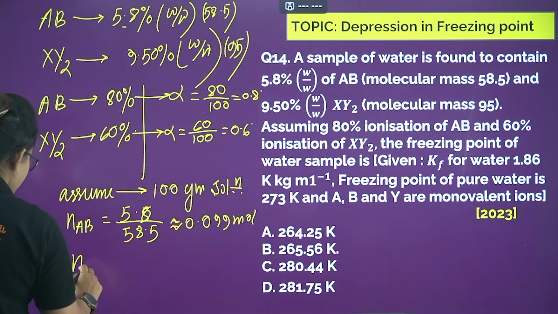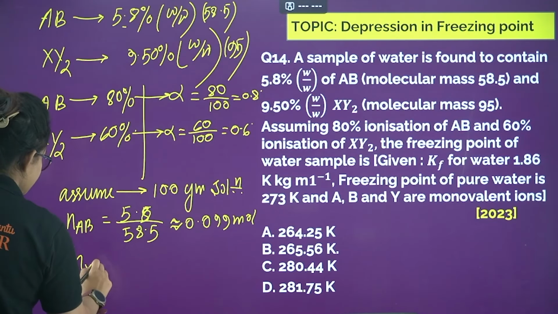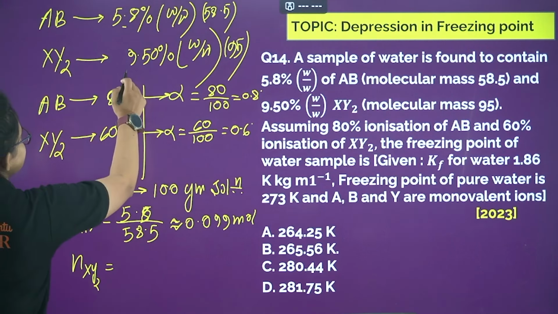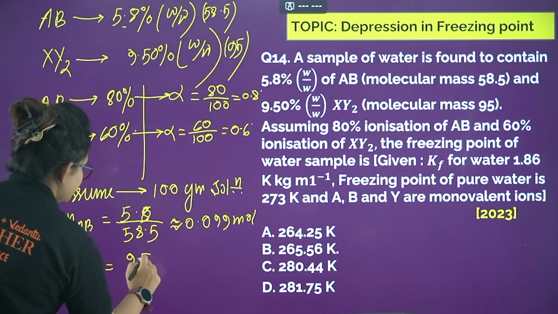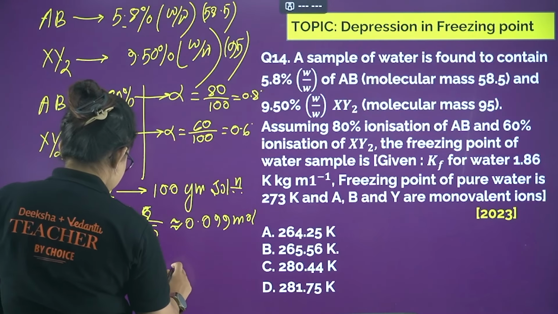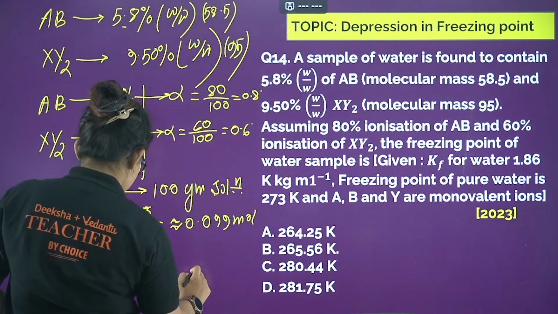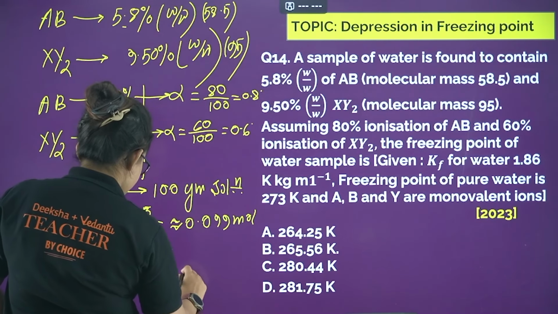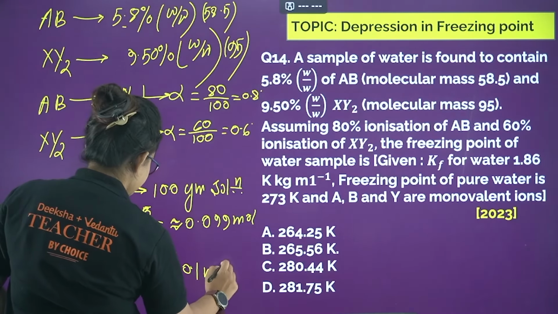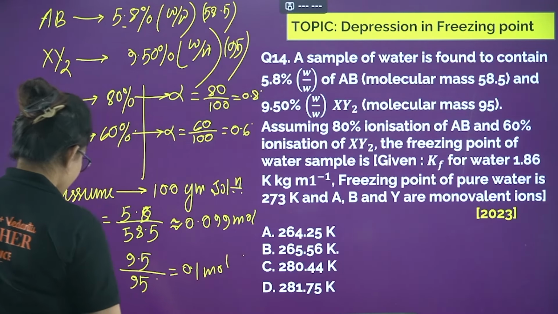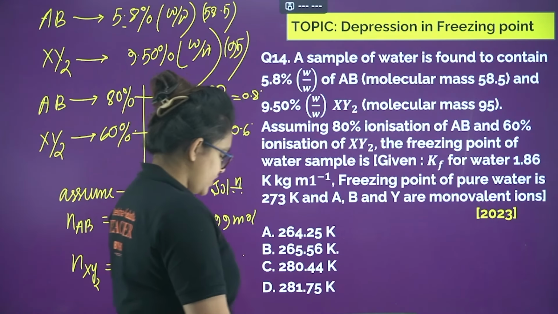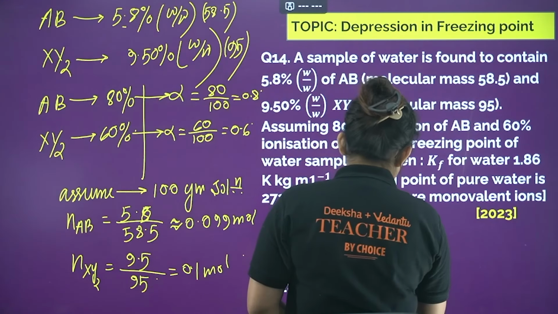Okay, now number of moles of XY2 let's calculate. How much weight is given? 9.5 divided by 95. So for this case I can directly write the number of moles is 0.1 mole. Okay, so for this particular case I need the mass of water as well. So mass of water is how much?